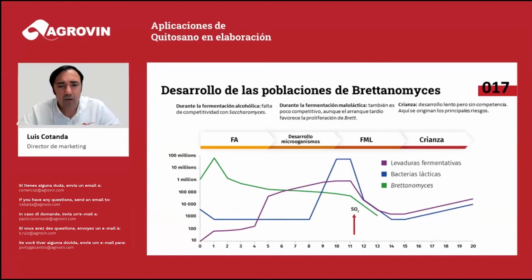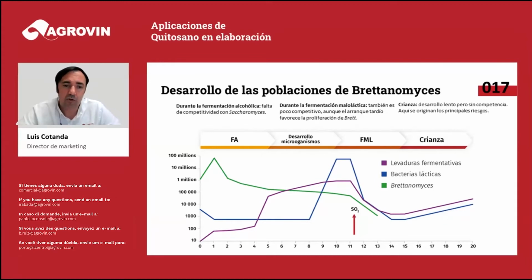As a scheme, and taking into account what I just said, this is a scheme on the development of Brettanomyces and also a scheme of the development of lactic and acetic bacteria. In principle, their population in terms of grapes is not a great one. In this first phase of the fermentation, there can be a little development, not with troublesome levels, but it is when the alcoholic fermentation ends, when yeasts are not dominating the medium or the wine, that Brettanomyces starts to develop.